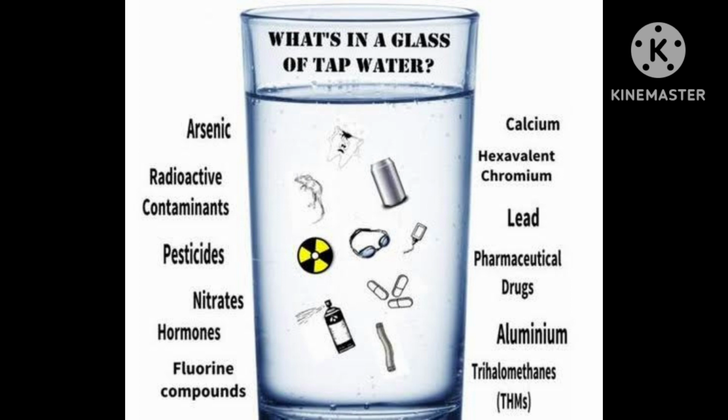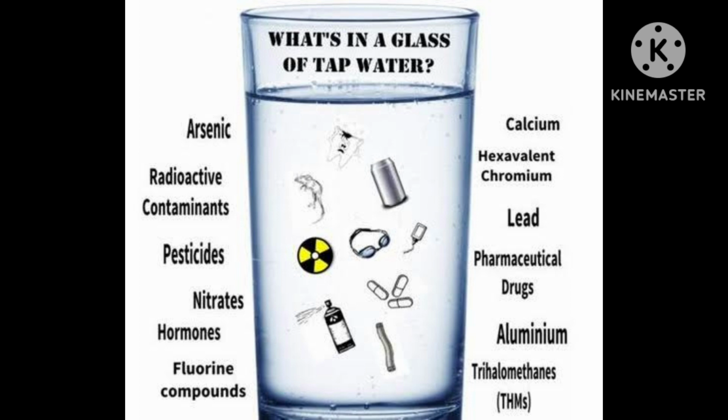Okay, the other major water pollutant is organic matter such as leaves, grass, trash, etc. These are, you can say, organic matter: leaves, grass, trash. They pollute water as a consequence of runoff.